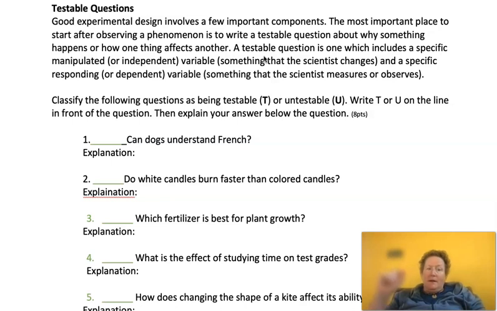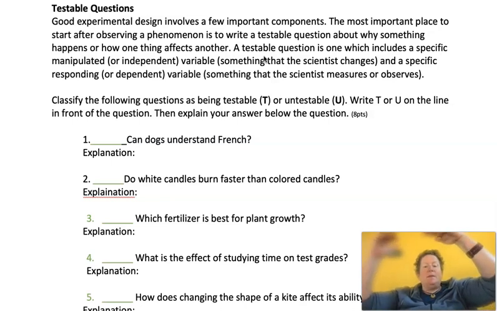Specific manipulated or independent variables, which is something the scientist changes before the experiment, and specific responding variables, something that the scientist measures or observes during or after the experiment. So manipulated, independent, that's before the experiment, and something that you measure during or after the experiment.